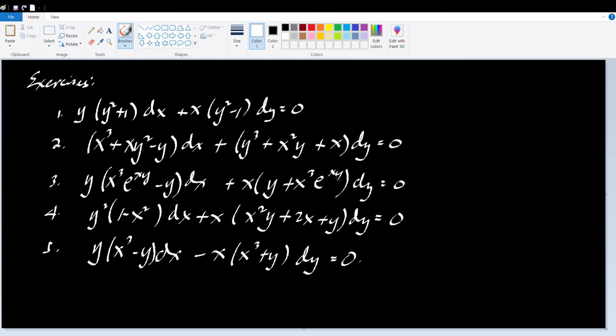So work on these numbers and then we will discuss their solutions later.